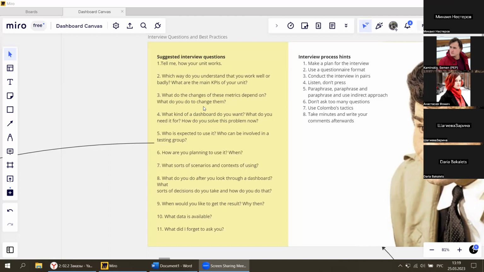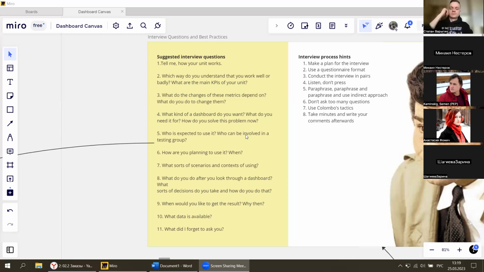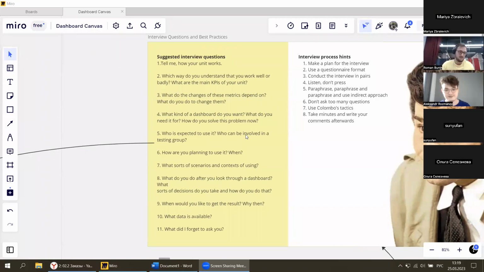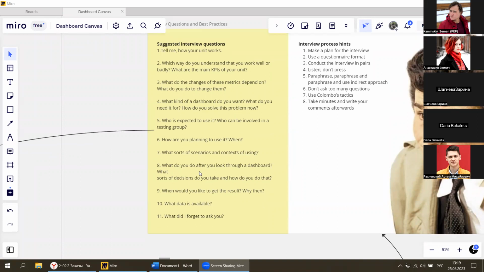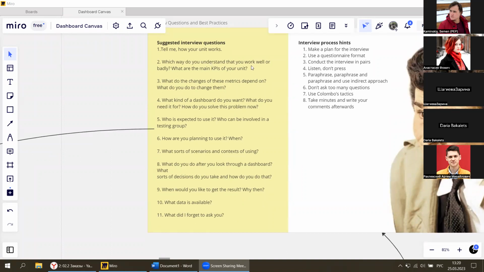For example, in banking, I used to work in a bank, you should always ask what is regulated by law. In other industries it's not a usual question, but in a bank you really have to ask how we regulate it in terms of financial law and so on. So if you have something very special about your area, you should also consider these questions, but mostly it's something like that.